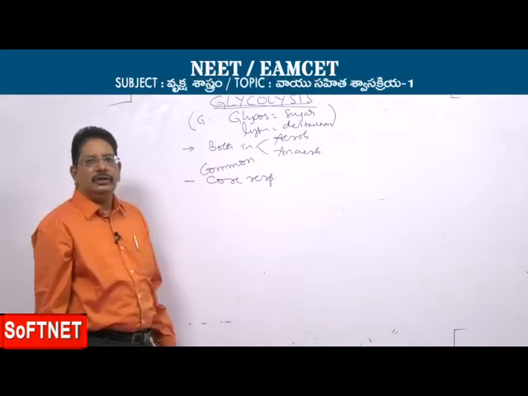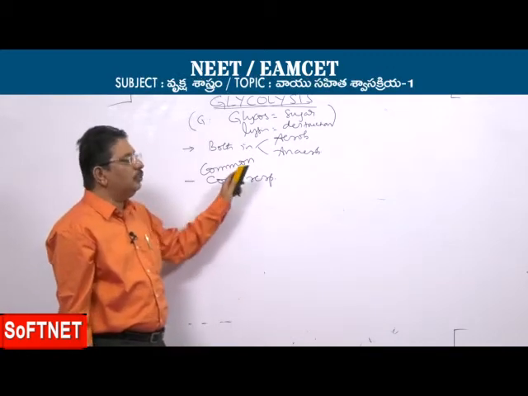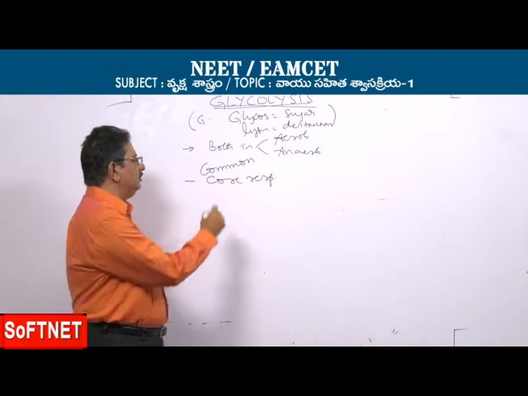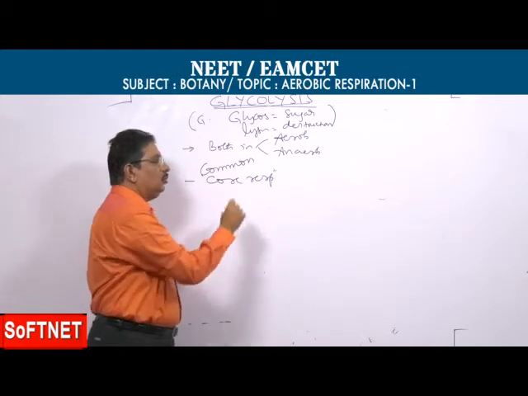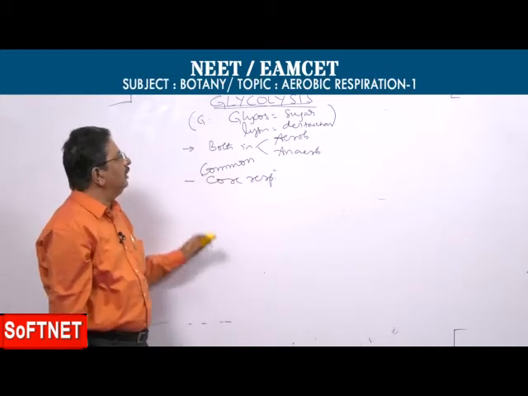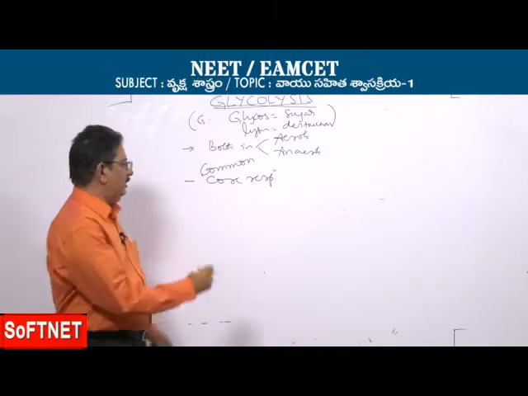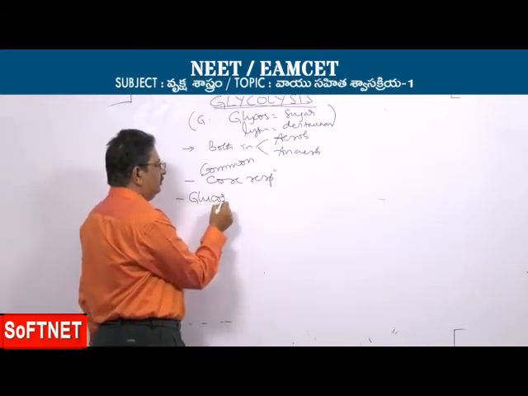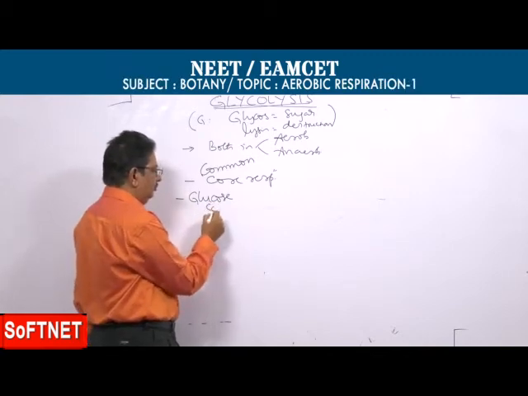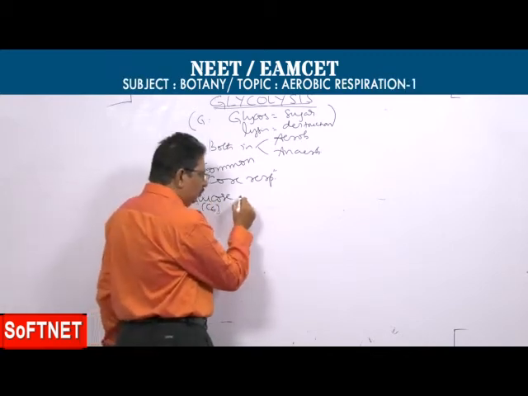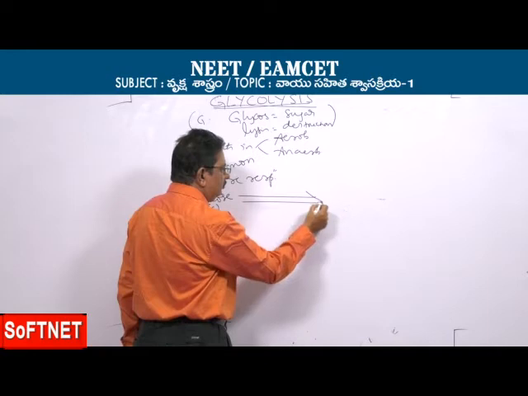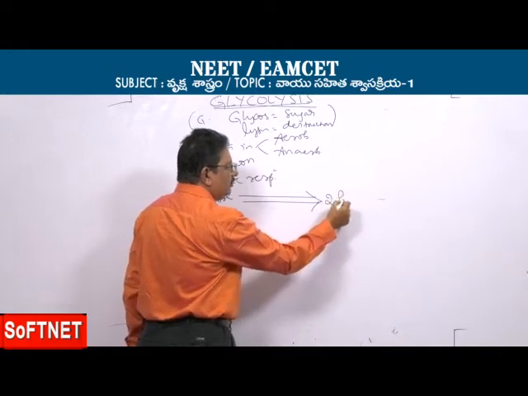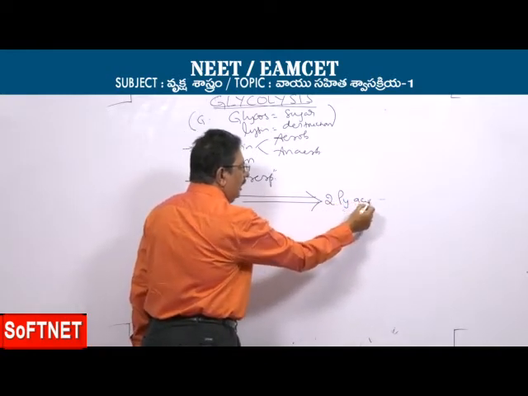Since it occurs commonly in both types of respiration, some scientists name it core respiration. And during glycolysis, the hexose molecule, say glucose, is converted into two molecules of pyruvic acid.